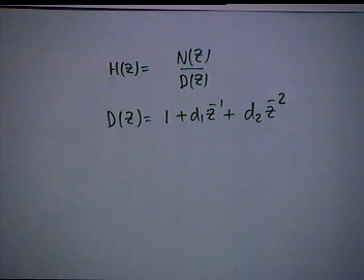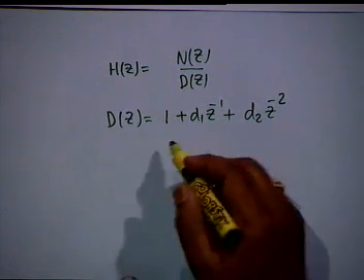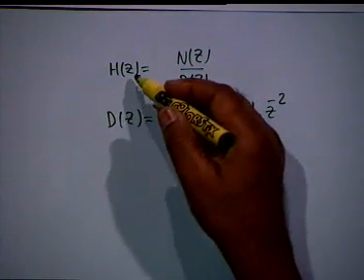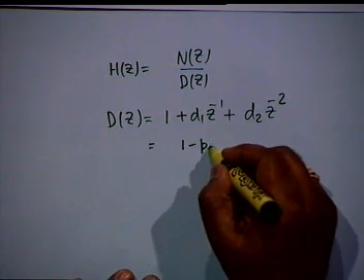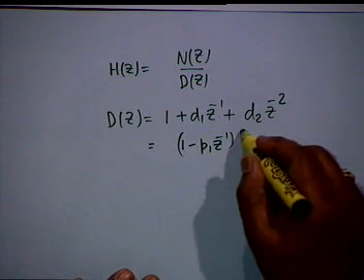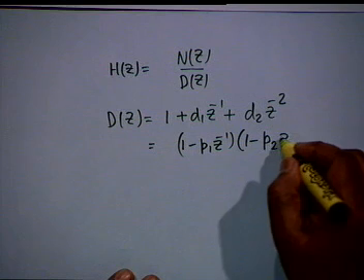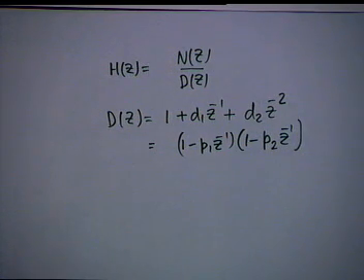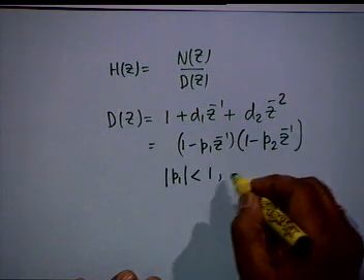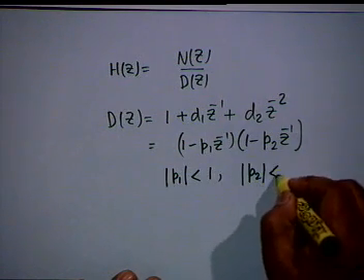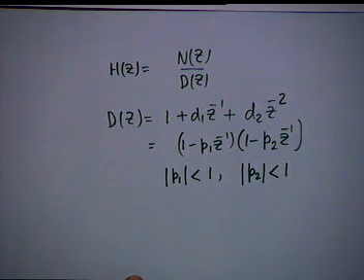We want to test the stability without determining the roots of the denominator, which will become the poles of H(z). Now, if I write this as 1 minus p1 z inverse multiplied by 1 minus p2 z inverse, that is, p1 and p2 are the poles, then we require for stability magnitude p1 less than 1 and magnitude p2 also less than 1.